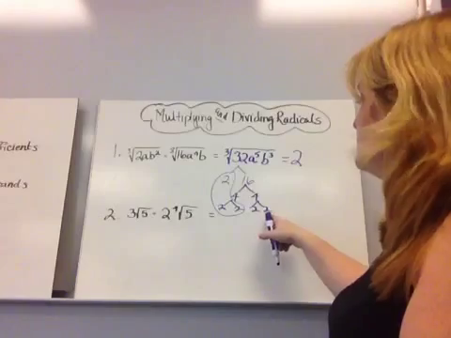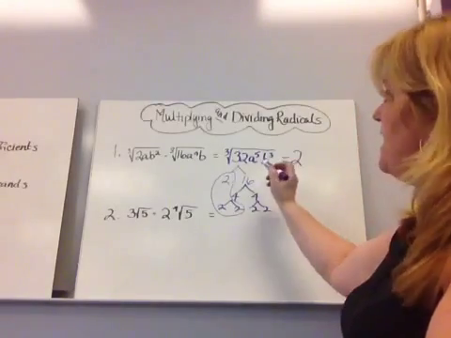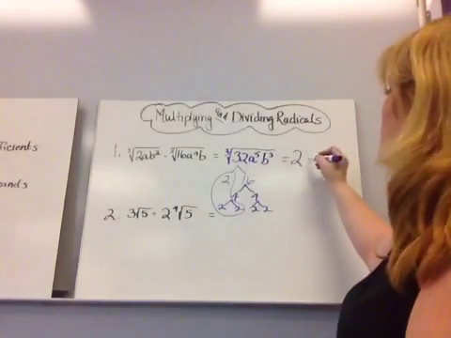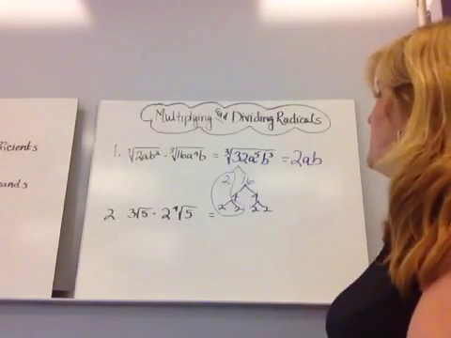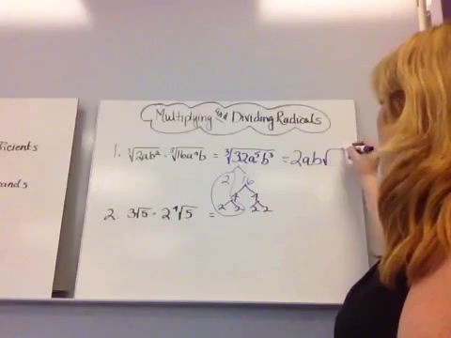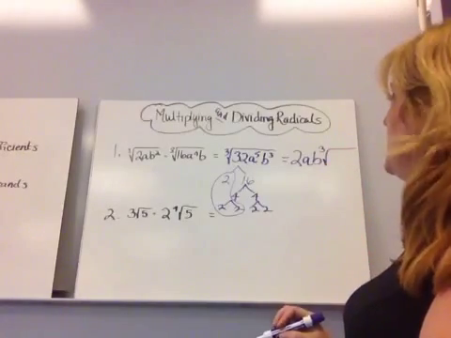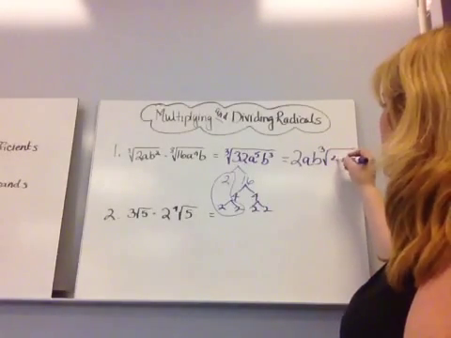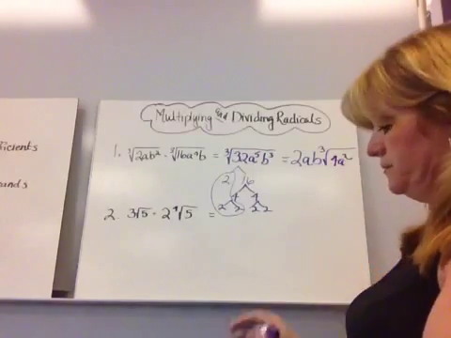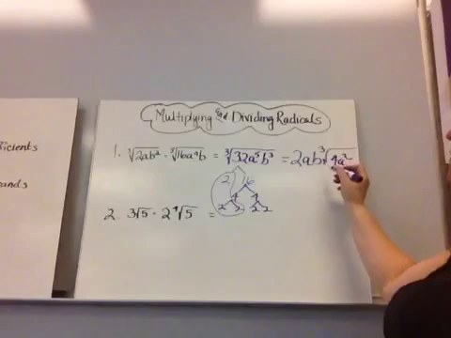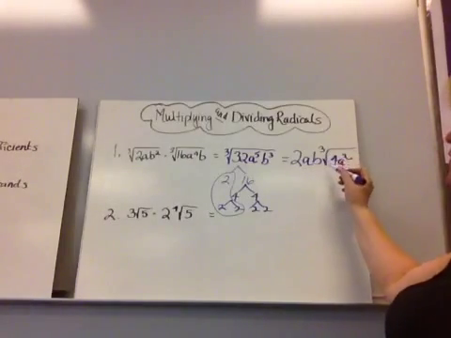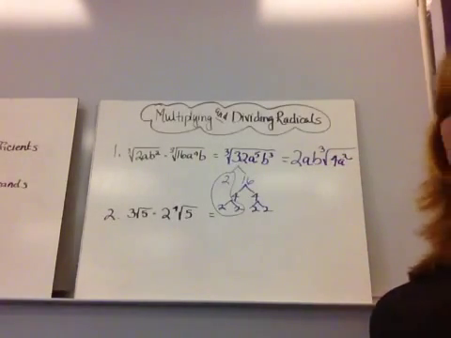I have a couple 2's left over, so they're going to stay inside. Now I have an a to the fifth, so a group of 3 can come out, and a b, because that group can come out. What's left inside? Well, I have the cube root of, inside will be left 4a squared. So I have 2ab, the cube root of 4a squared.